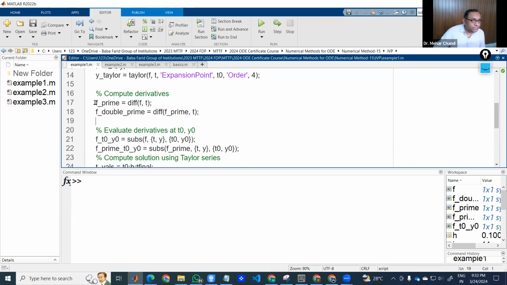So how are we using this? This is the first order, and again at this place we use diff f prime comma t, because f is involving two variables, t and y, but we need the partial derivative with respect to t.